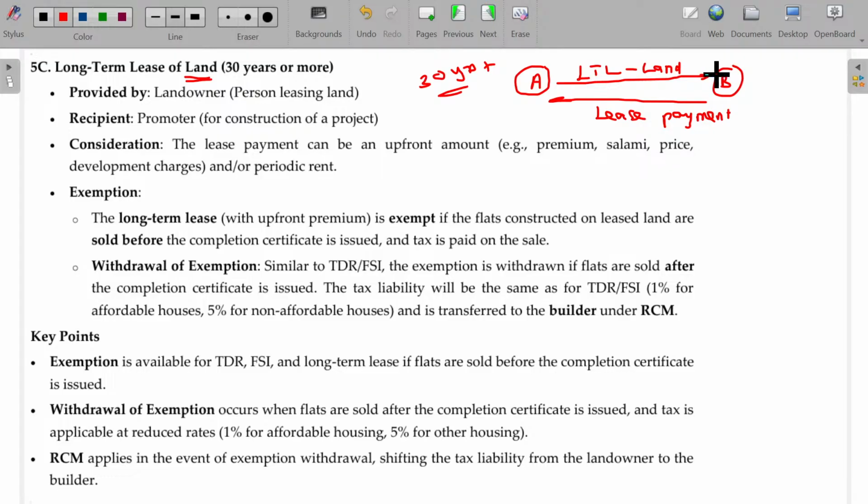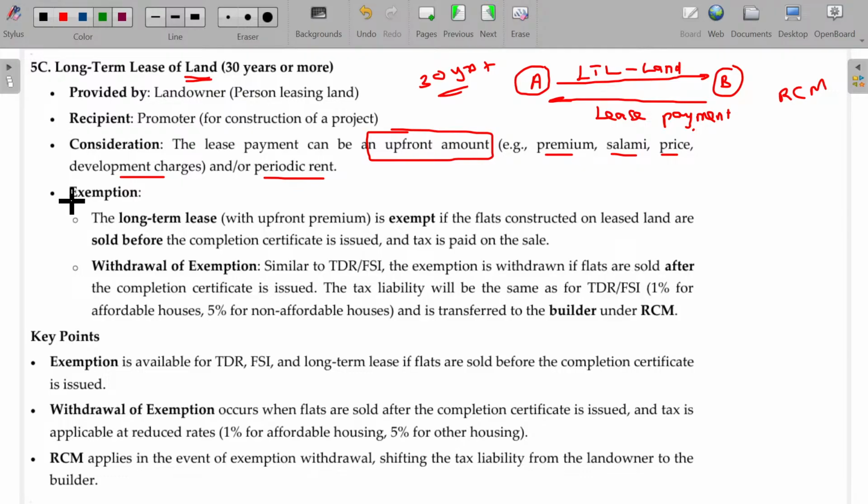For leasing out the land only, not the building, only the land, that lease payment is made by the promoter. Automatically RCM payment will be applicable. That lease payment is usually an amount payable by the lessee upfront, usually named as premium, salami, price or development charges, and or periodic rent. All these things fall under upfront amount. Is that okay? So in this case, RCM basis will be applicable.